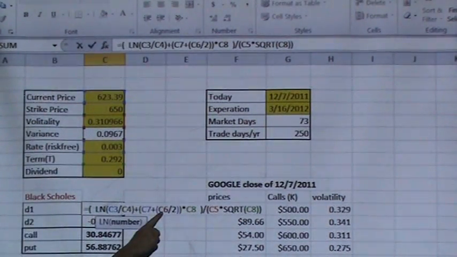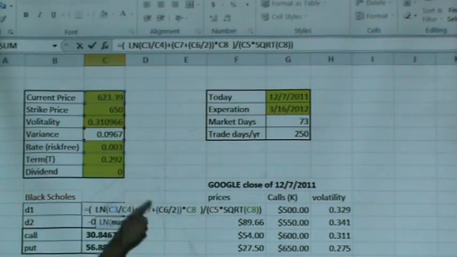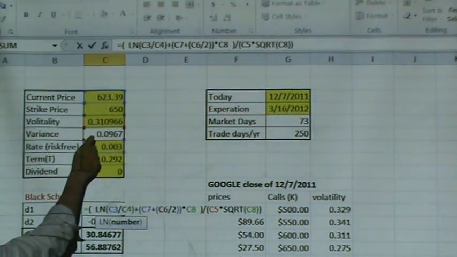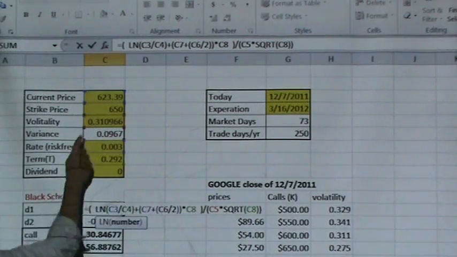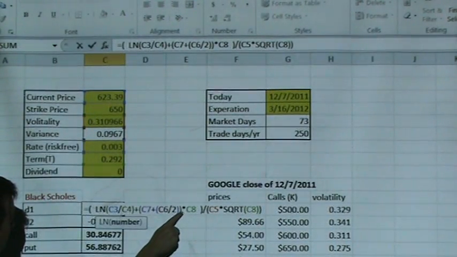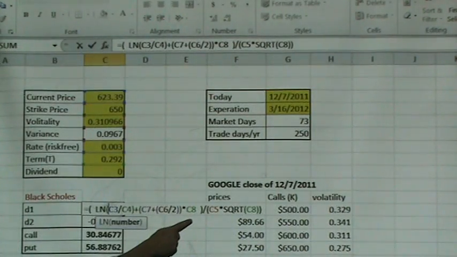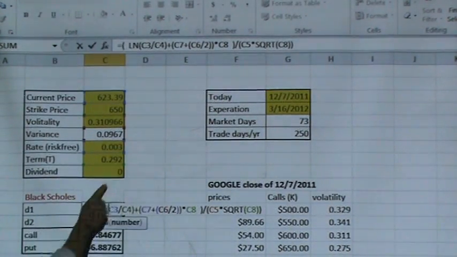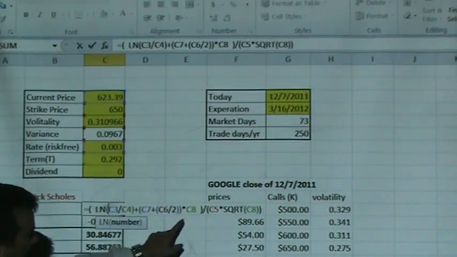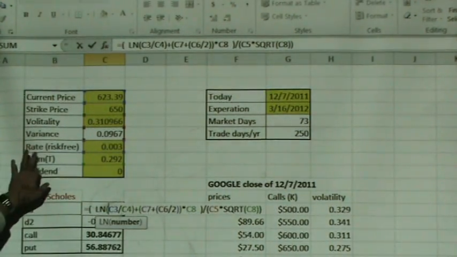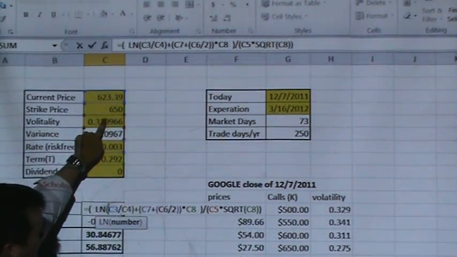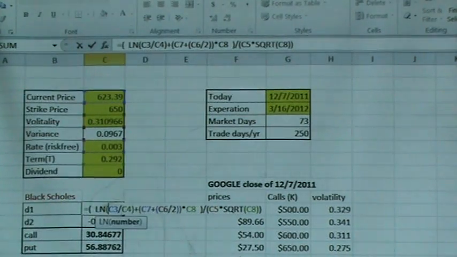This would be sigma squared, which is this value. I have this box set to this number squared, divided by 2, so this would be the sigma squared term, times the time, which is this, time until expiration, divided by C5, which ends up being sigma times the square root of the remaining time.